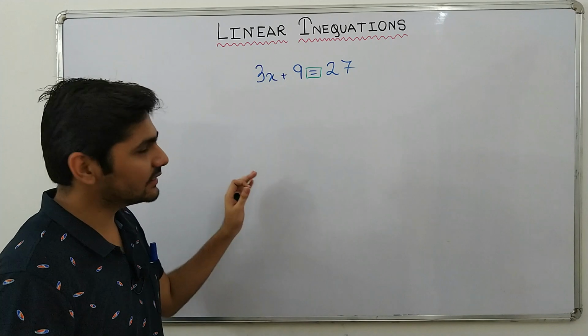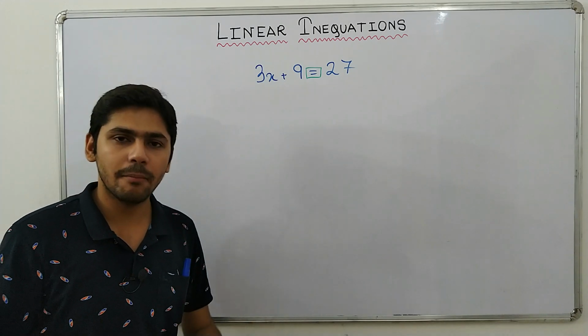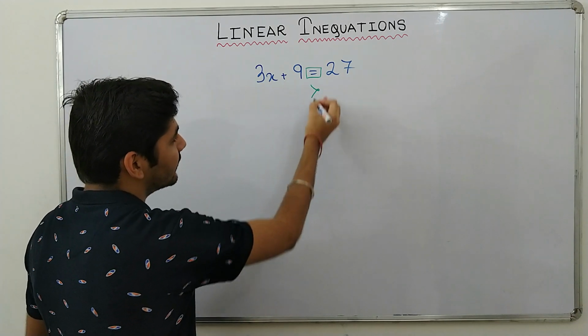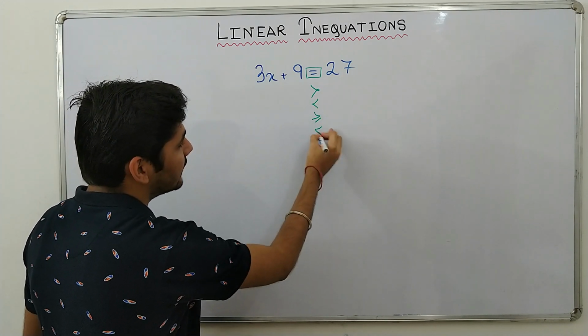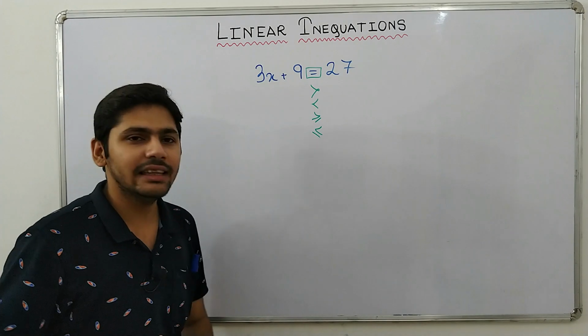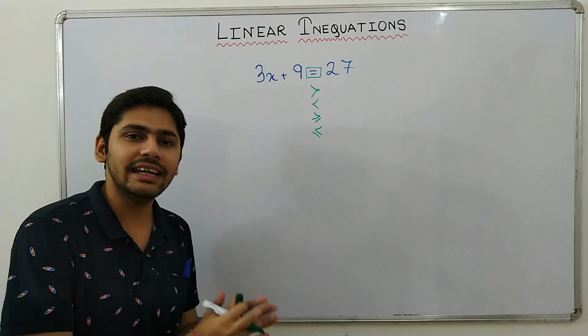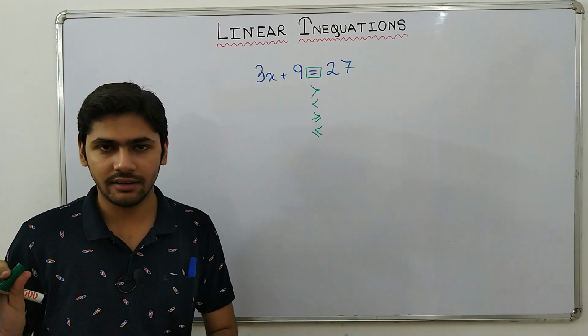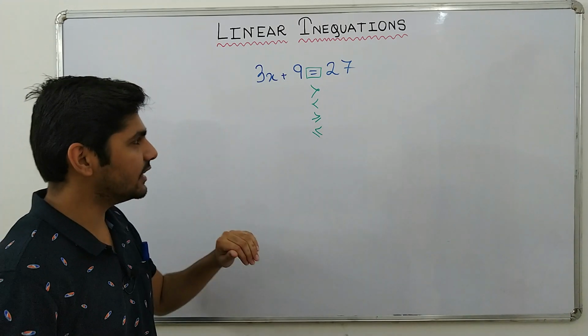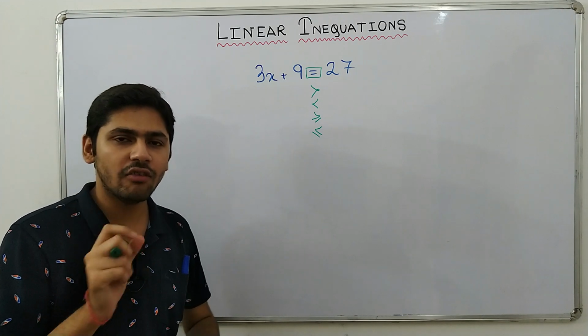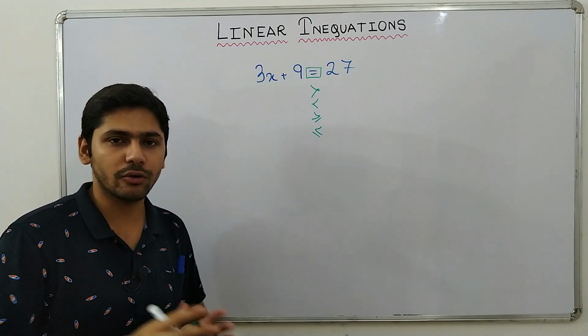Now if we replace the equal to sign by say a greater than, less than, greater than equal to, or less than equal to, then the equation becomes a linear inequation. So let me explain it one more time. We have a linear equation and we know that in between of a linear equation we have an equal to sign.